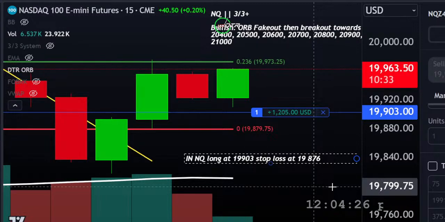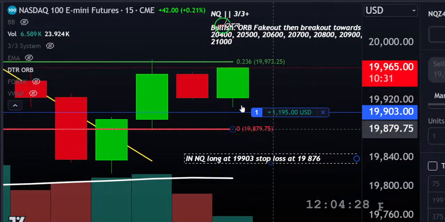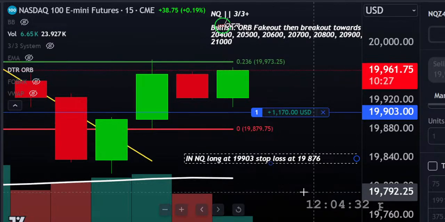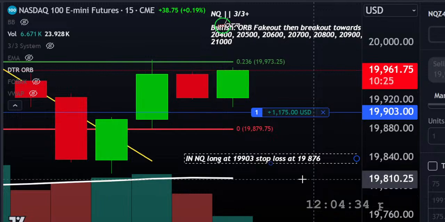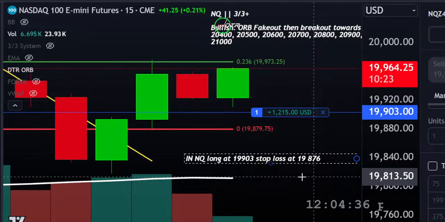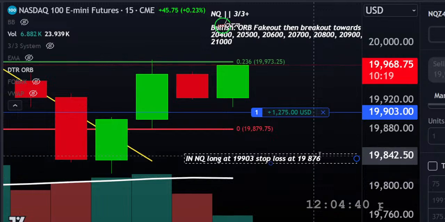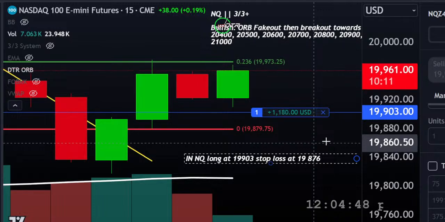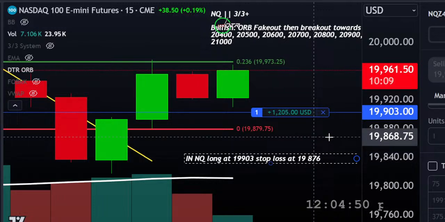There it is. So we want to see a big breakout through previous area of resistance, which is like 76. Come on. Oh, man.